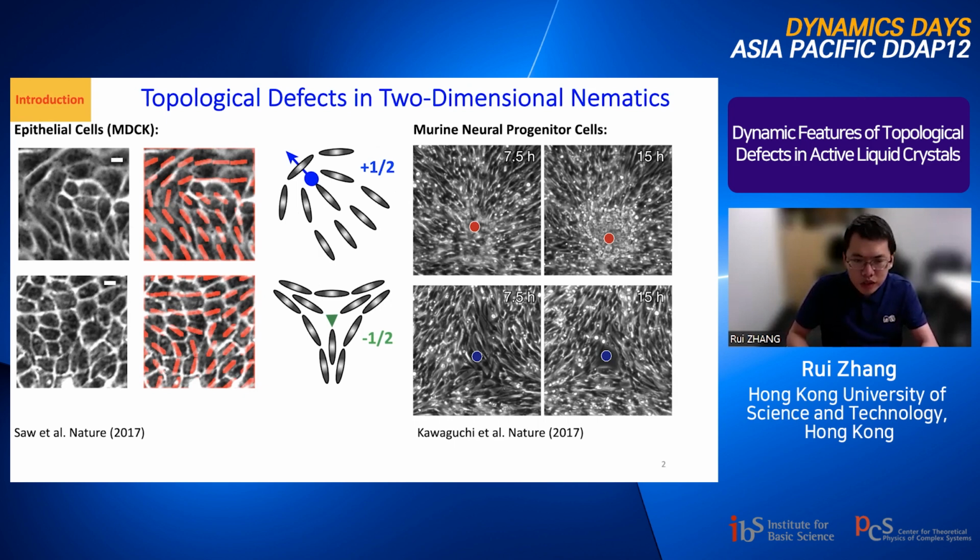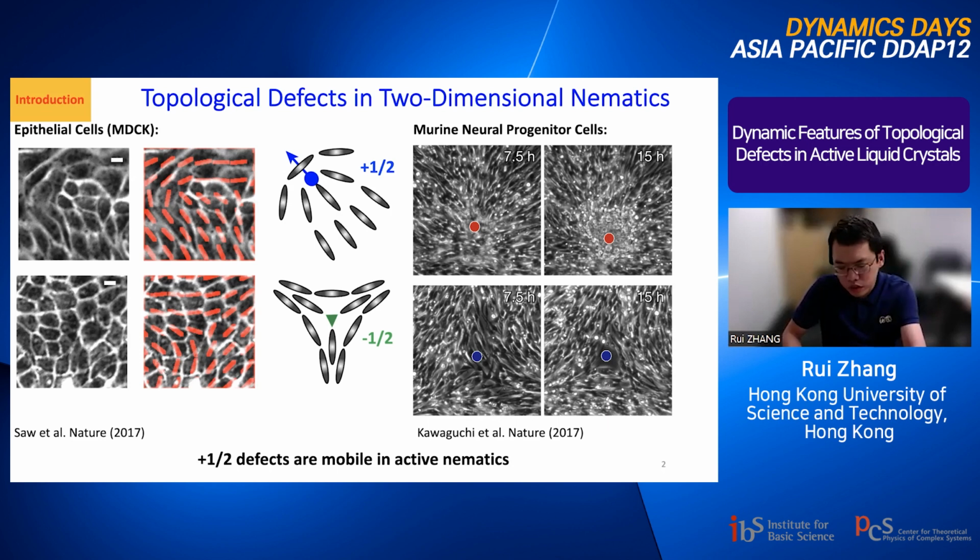On top of that, cells can also die at the defect cores. And in the right picture, near the defects, the cell density is either very high or very low, according to the feature of the defects. So it seems that topological defects have some biological consequence.